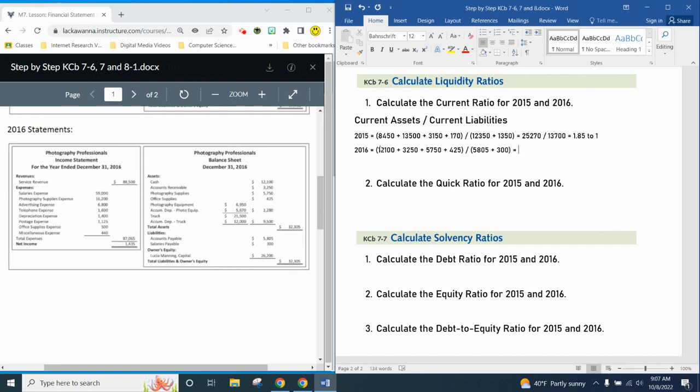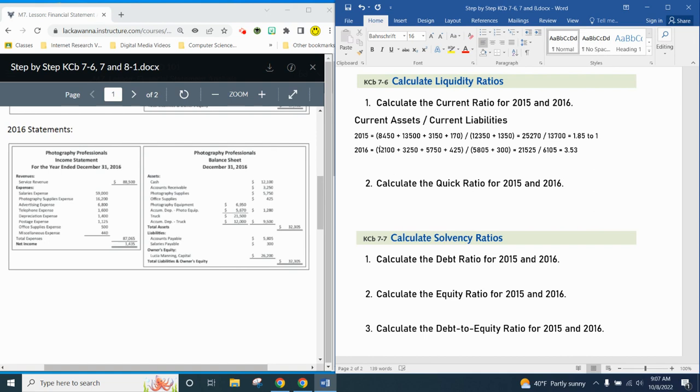You can grab your calculators to do those. We get 21,525 for assets and 61,005 for liabilities, and dividing those, we get 3.53. So that's how we calculate our current ratio.